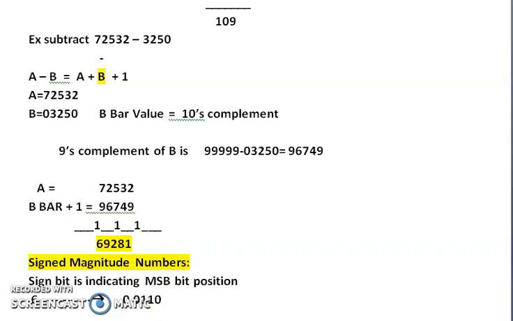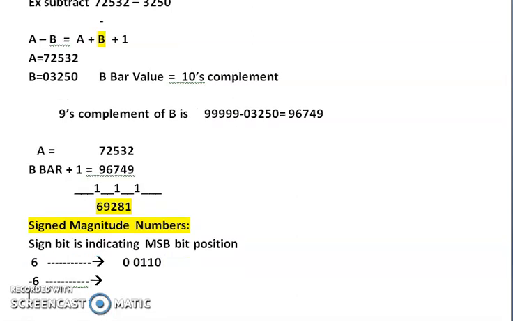In case of negative 6, minus 6, the negative sign means 1, so it is 1, 0, 1, 1, 0. The MS bit is indicating the sign bit.